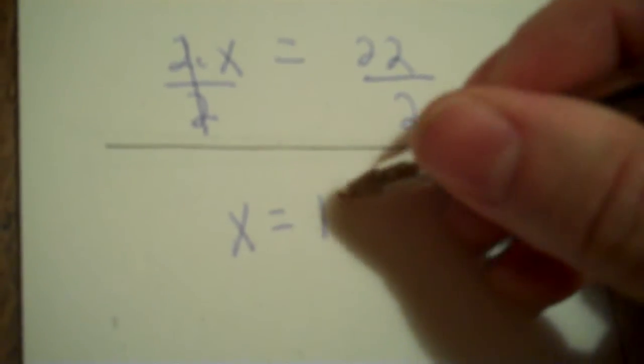Minus 2, by the way, you're over here, and then minus 2 from the number on that side, so that gives you 22. And then divide by 2. 22 divided by 2 is 11. Okay, so there's your solution for x.